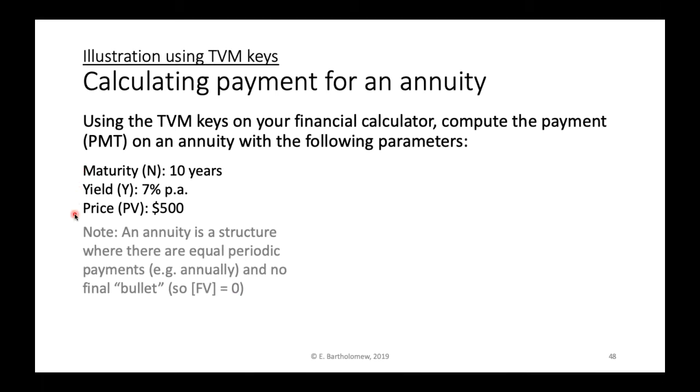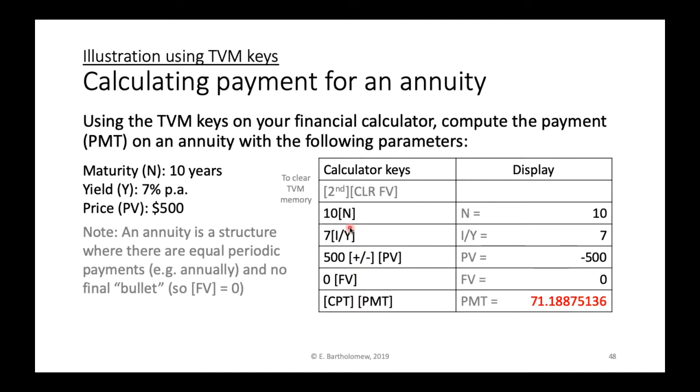What we're trying to come up with is, if we were to invest $500 in this annuity, what payment per year, if the yield were 7%, should we get? And this is quite easy to do on your calculator. So after we clear, we put in 10 for the number of periods, 7 for the yield. We put in 500. Now we might make it negative here if we're paying it for the price of the annuity.